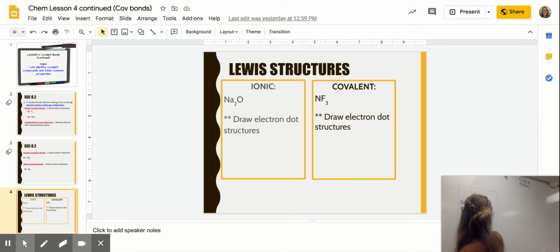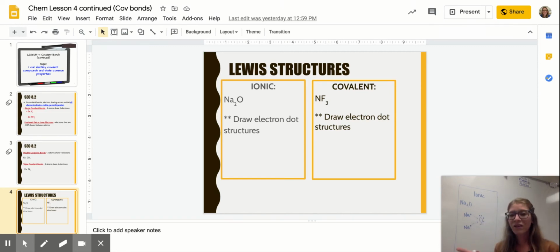So sodium, there are 2 sodium atoms in the structure, and each sodium would have 1 valence electron. Oxygen, you only have 1 oxygen in your structure, so 1 oxygen would have 6 valence electrons.